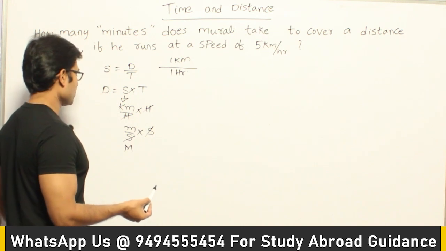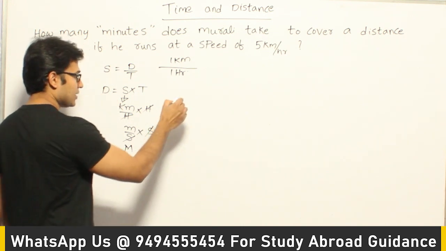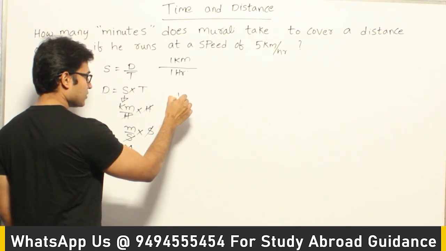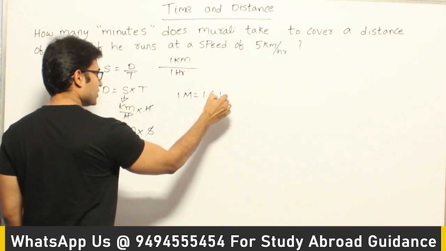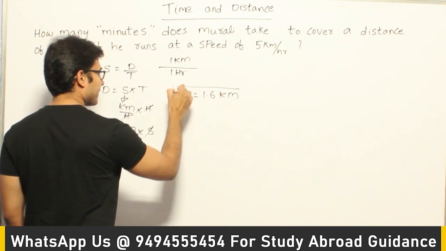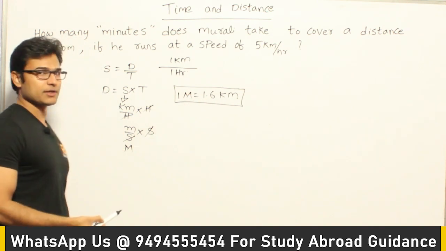Therefore there can be questions in which they will give you the speed in miles per hour. In order to understand how to convert it, you should know the relation between miles and kilometers. So 1 mile will be equal to 1.6 kilometers. Okay, so if you remember this, you can convert it appropriately, right?